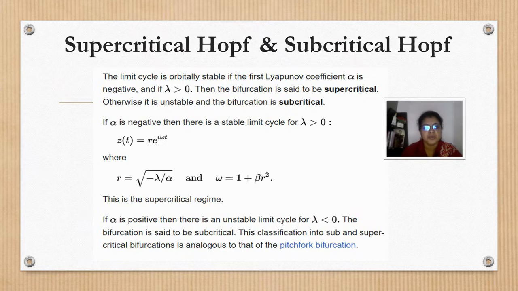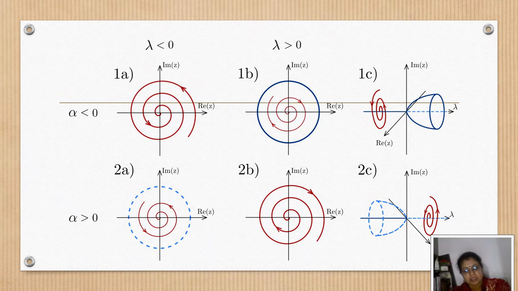So this is beautifully depicted in the next slide. Where are we going to have the limit cycles? For lambda greater than 0 with alpha less than 0, or lambda less than 0 with alpha greater than 0. So can you see this from the picture?